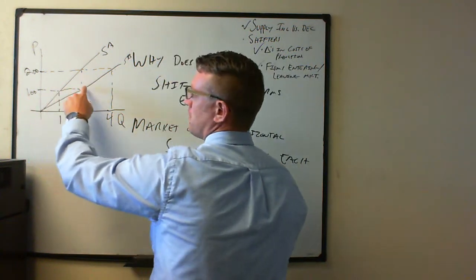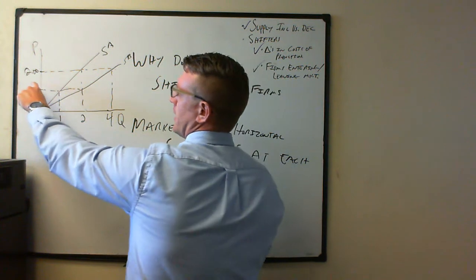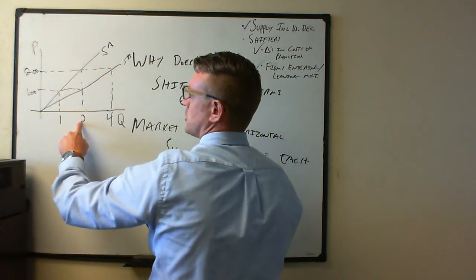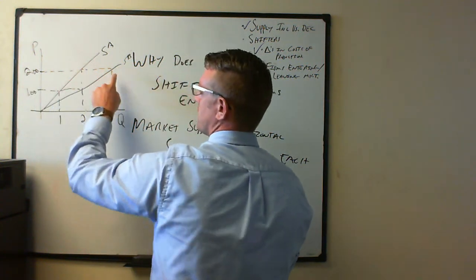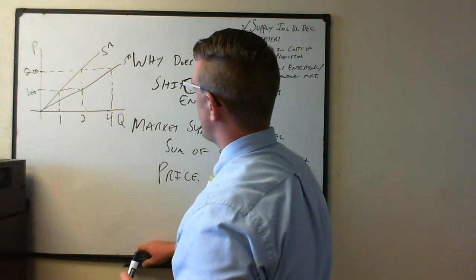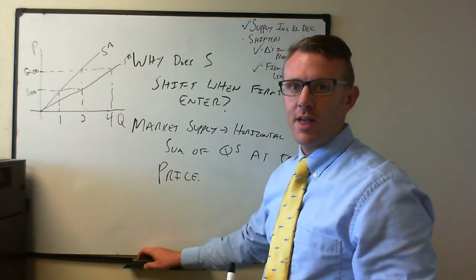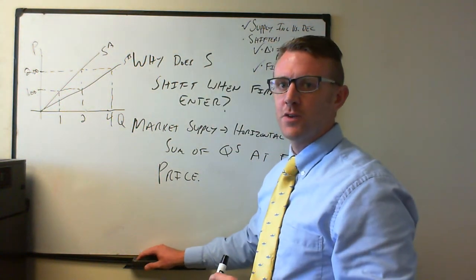At $1, firm B produces 2. At $2, firm A produces 2. And at $2, firm B produces 4. So if you had to get their market supply curve, how would you do it? Pause the video and see if you can draw it.